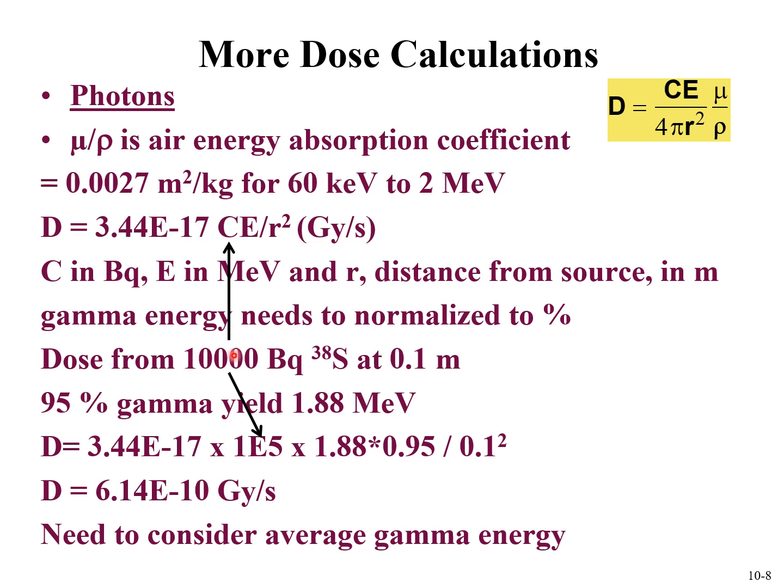So it's 10,000 becquerel. Then we need the energy, which is 1.88 MeV, and then we add the 0.95 to represent the 95% gamma yield, and we divide that by 0.1 squared, the radius, the distance in meters, and we get a dose of 6 times 10 to the minus 10 grays per second.